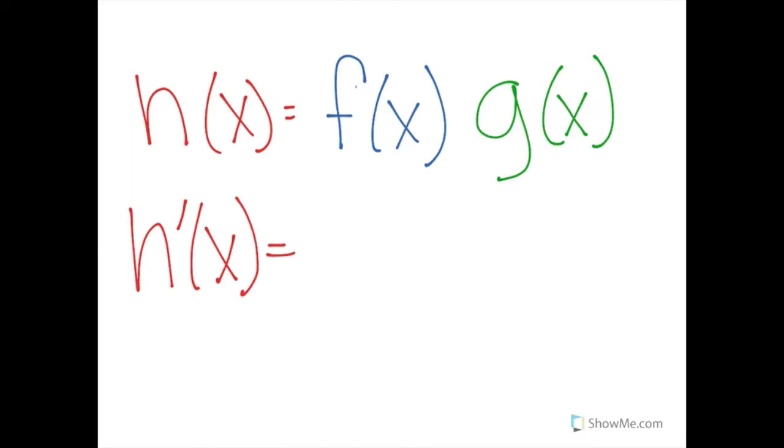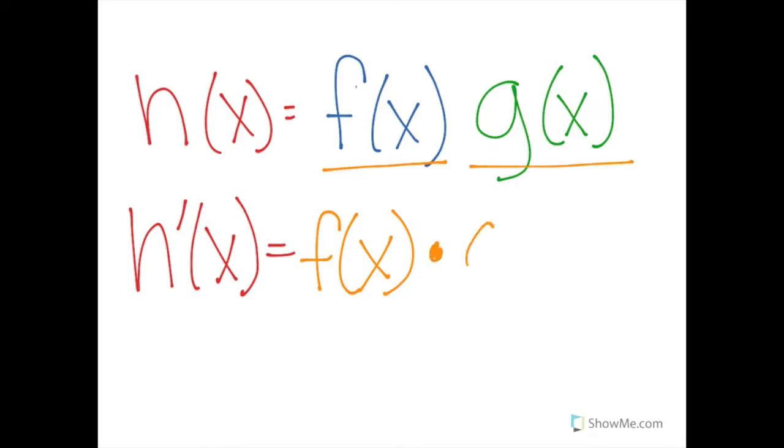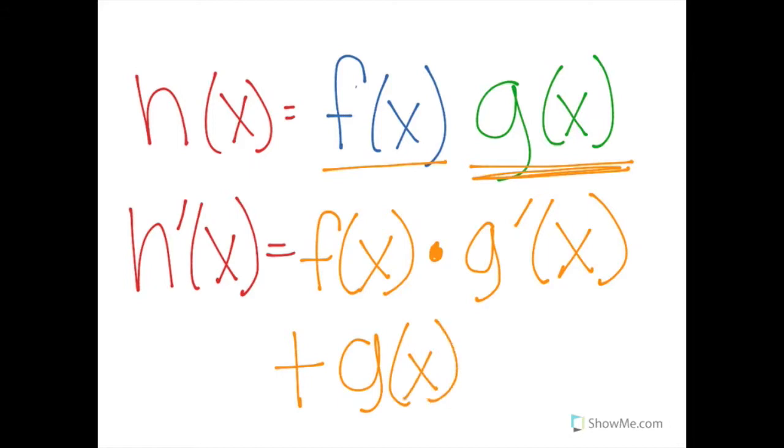So, if you have h of x equals f of x times g of x, the derivative would be the first times the derivative of the second, plus your second term times the derivative of the first. And that is the formula you would follow.